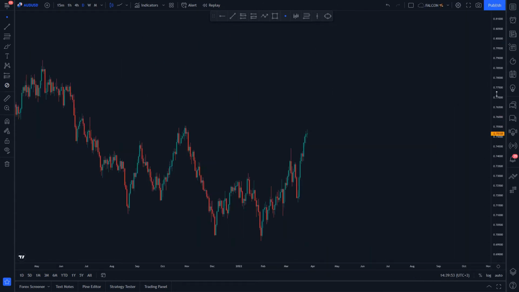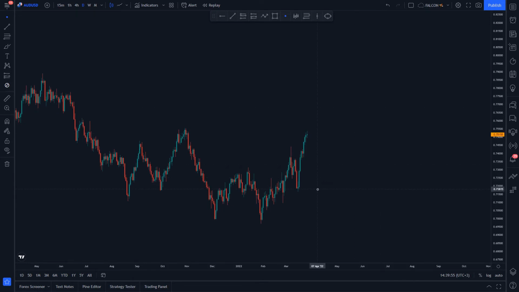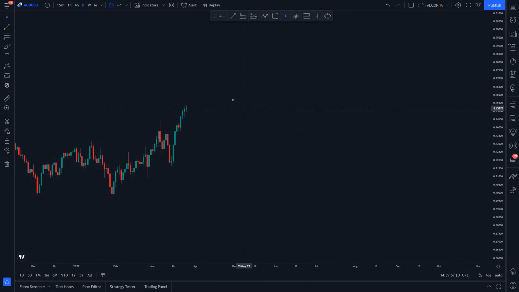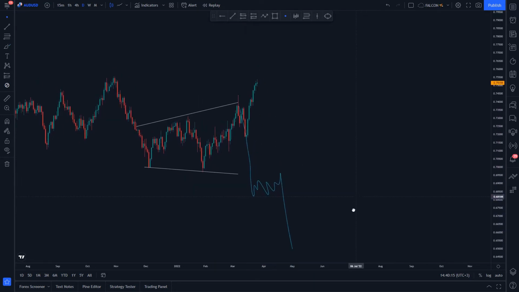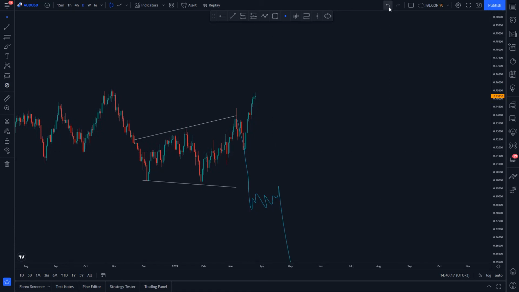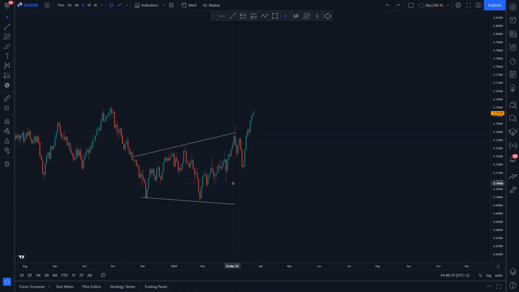Aussie dollar has been pushing quite aggressively to the upside, because first we expected it to go down after this expanding channel we had like 2 weeks ago. We were expecting this price to push further to the downside, give us a continuation, but as you can see, the price pushed back up, and so we had to adjust our pattern to the recent higher lows and lower lows.